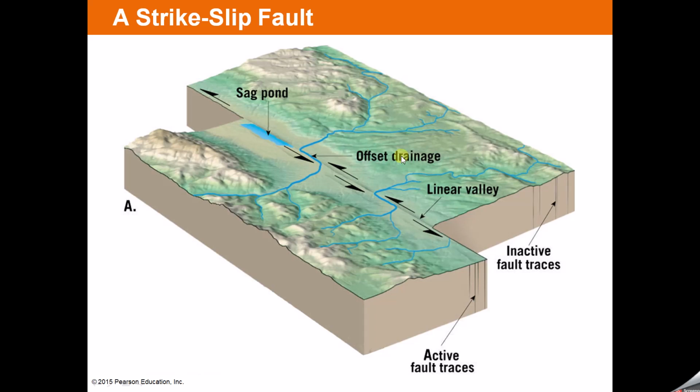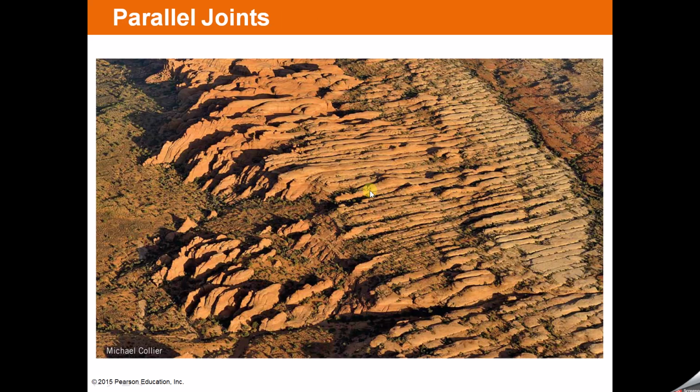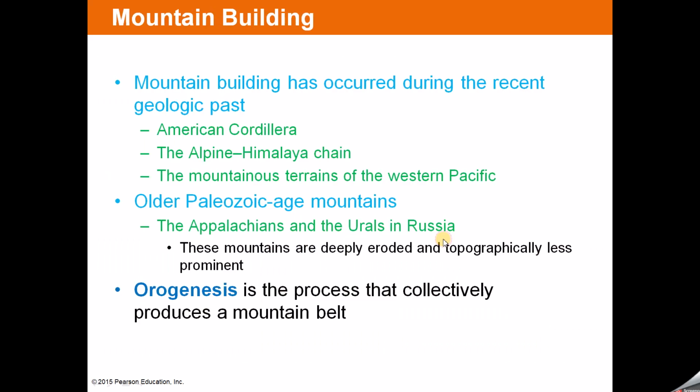That means there is a fault, and this we call fault offset. And here, joints along the rocks, and these joints just look parallel to each other, but there's no movement along these joints.